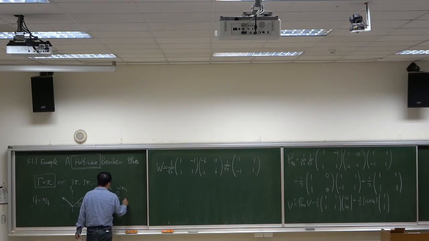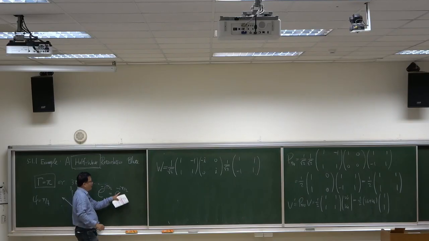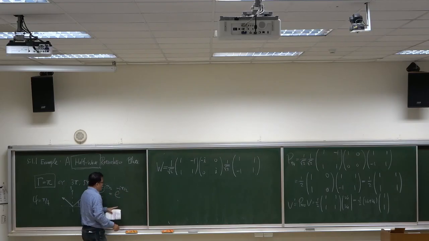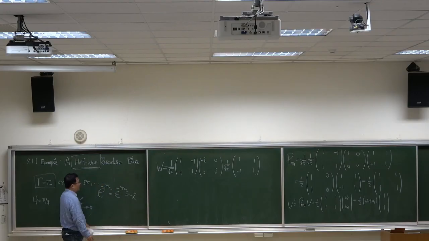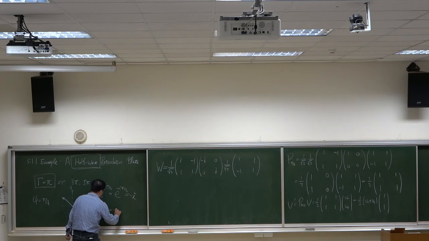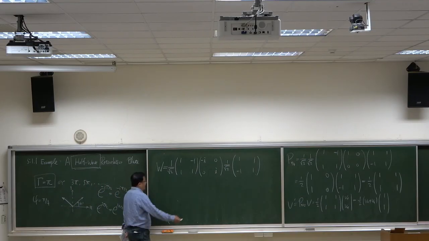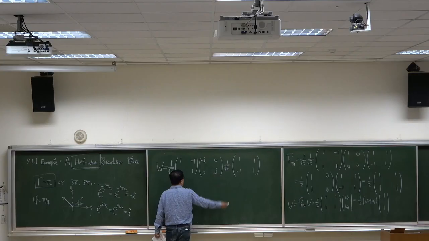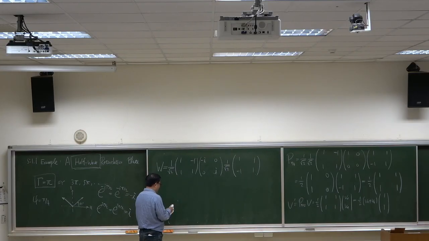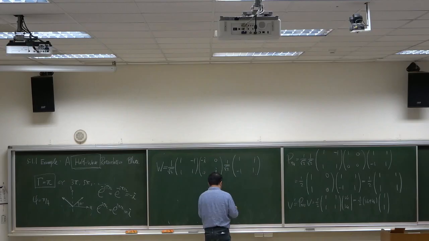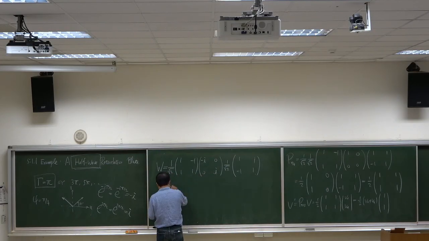Exponential of i half pi is equal to i, and minus i half pi is equal to minus i. Okay, so here we have this minus i, and you can multiply them to get the final matrix.